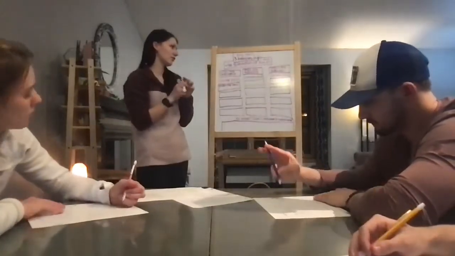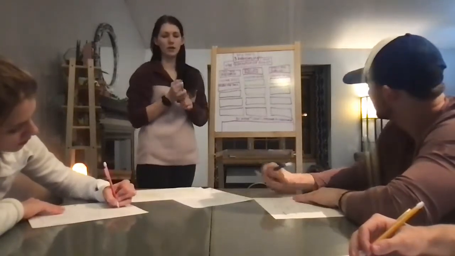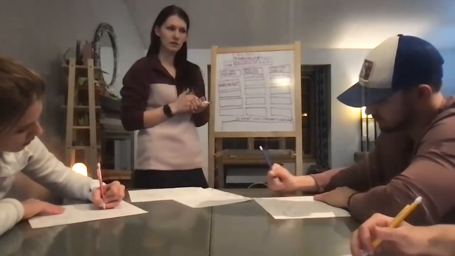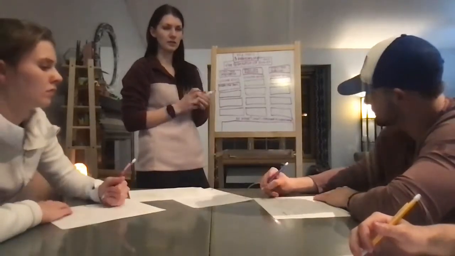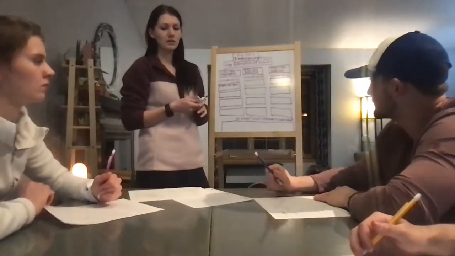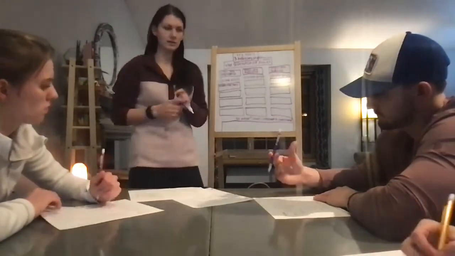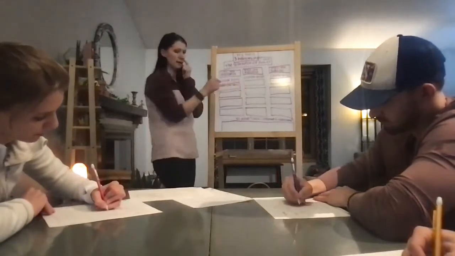And then, okay, so for executive, does anybody know what that branch does for our government? So that one carries out laws and enforces laws. So we're going to write that one also right underneath here.